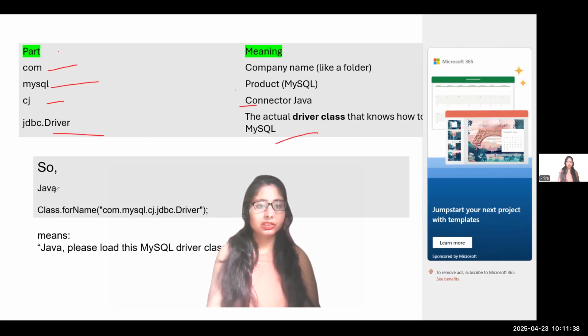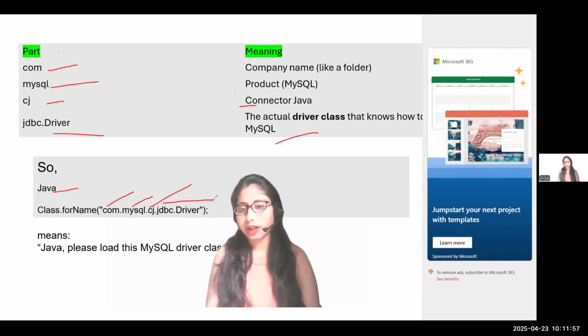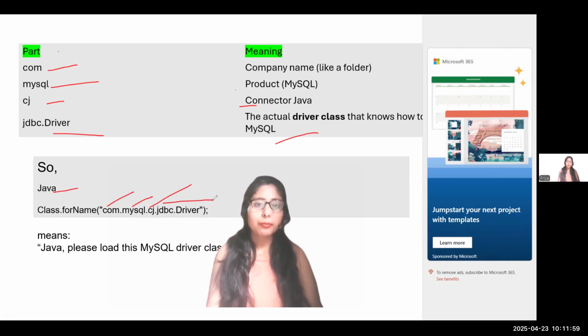So in Java, Class.forName is com.mysql.cj.jdbc.Driver.